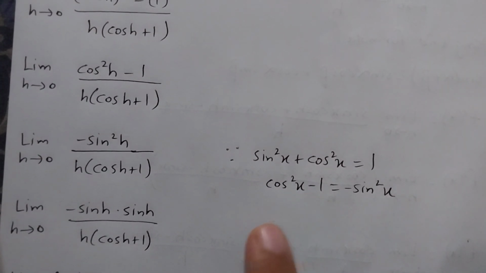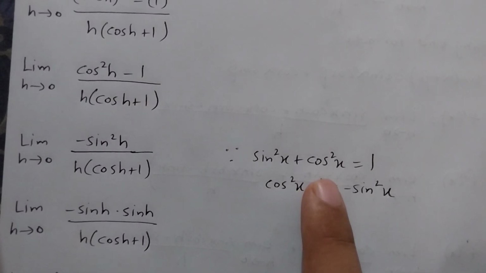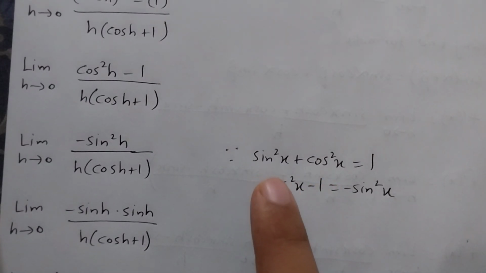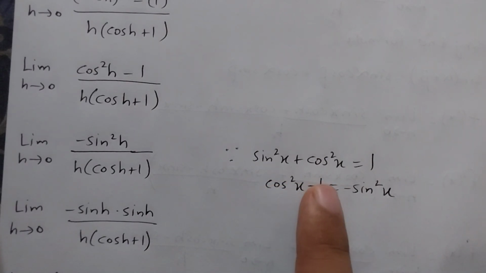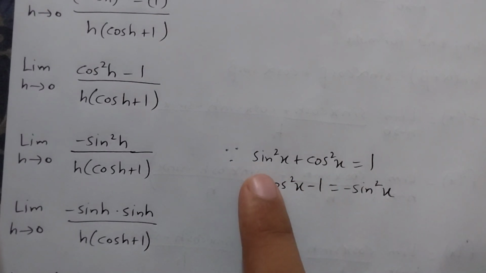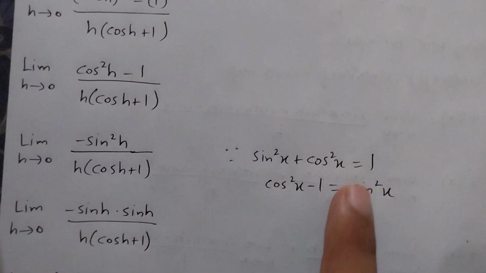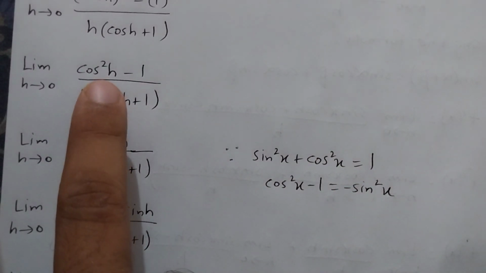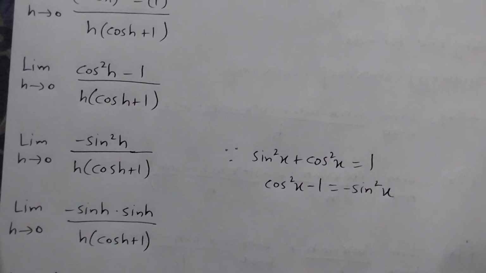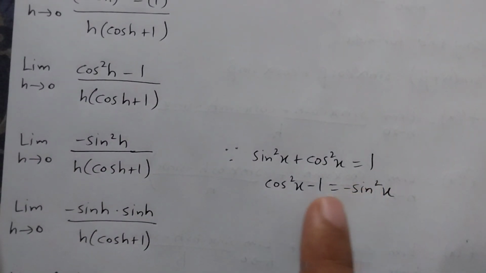This is an identity, and if you want to find the value of cos squared x minus 1, we need to move this plus 1 to the left hand side.